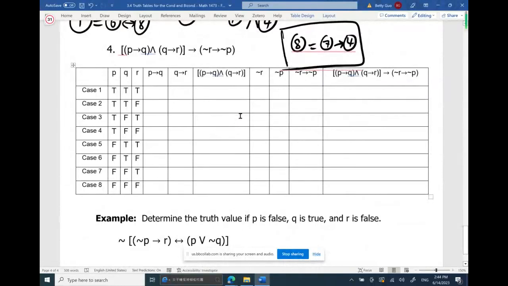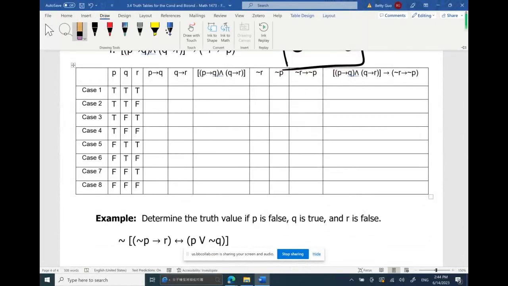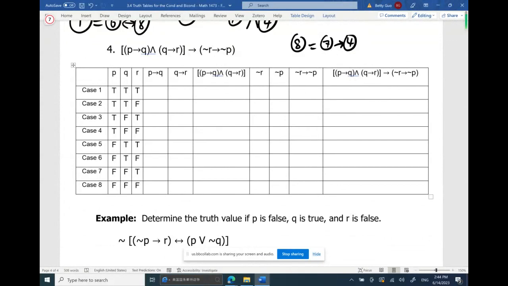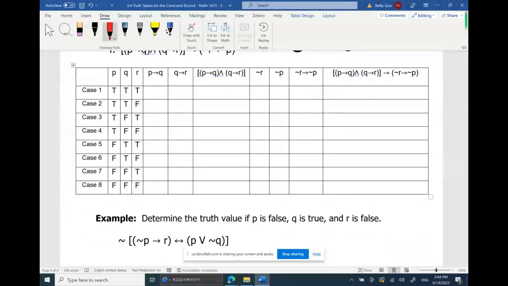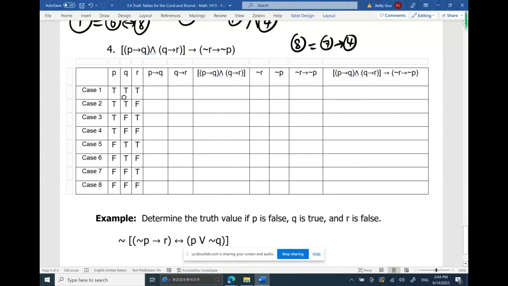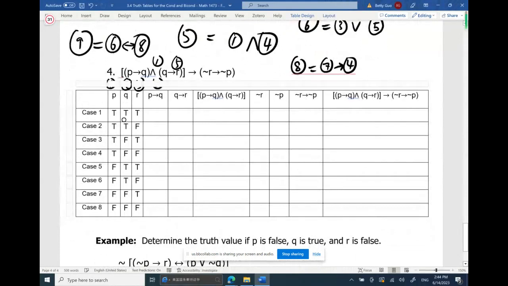Number 4 is a conditional. So let me label this: column 1, column 2, column 3, column 4, 5, 6, 7, 8, 9, 10.